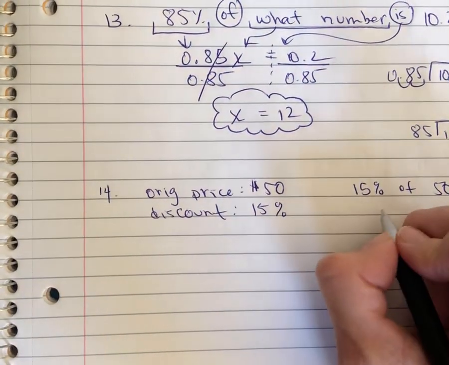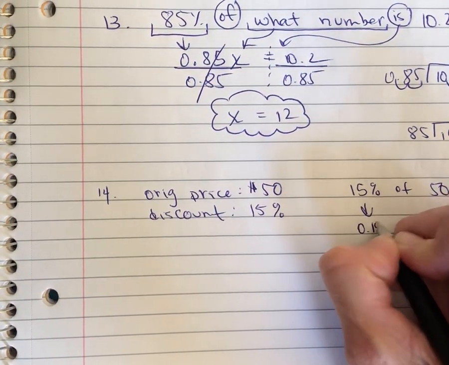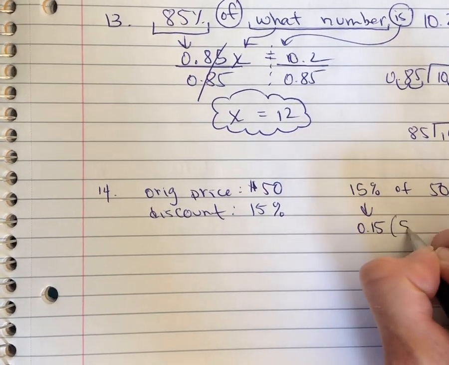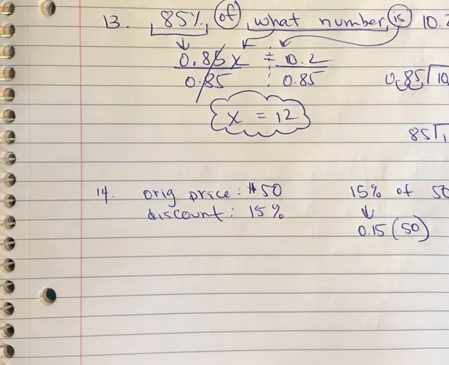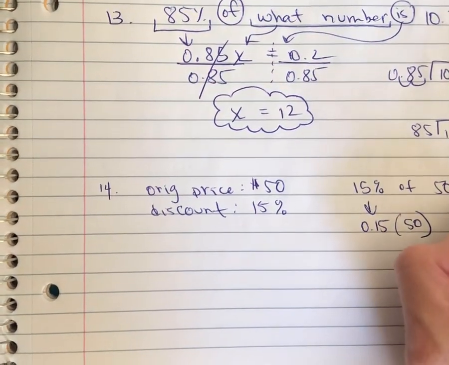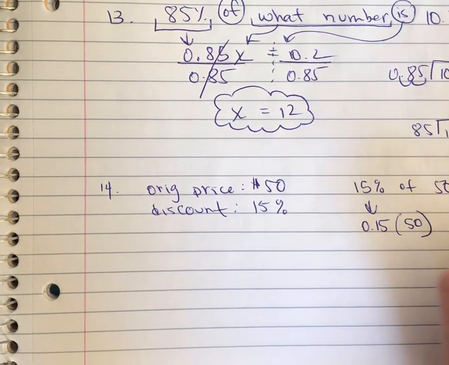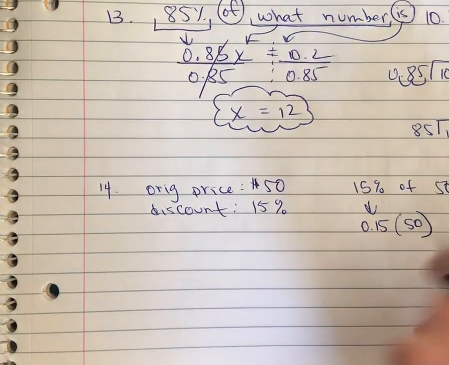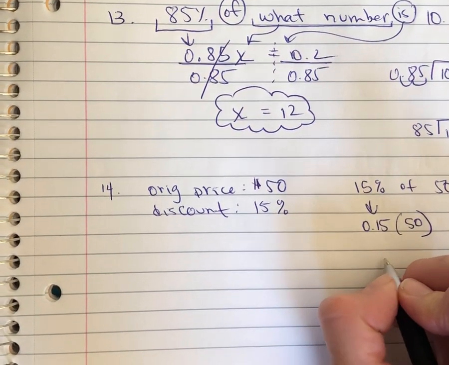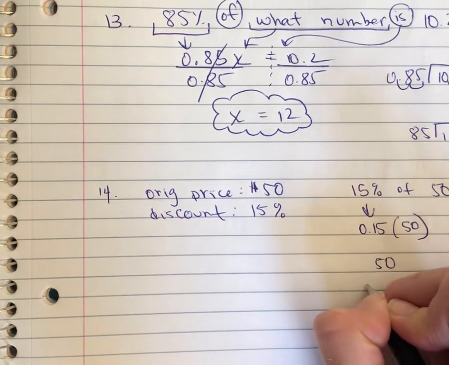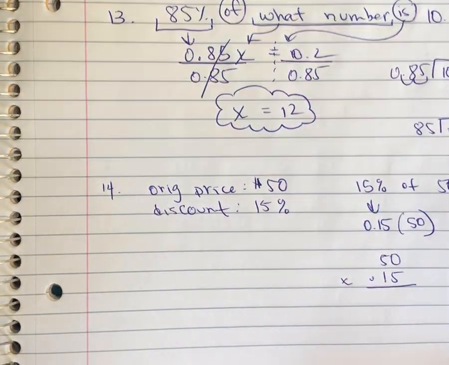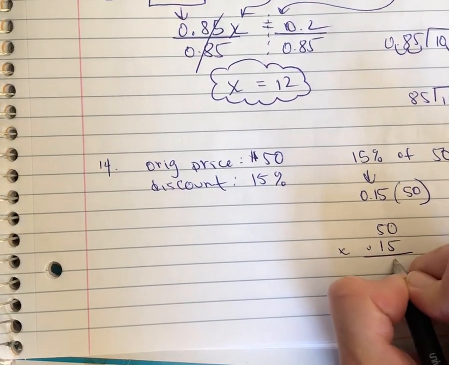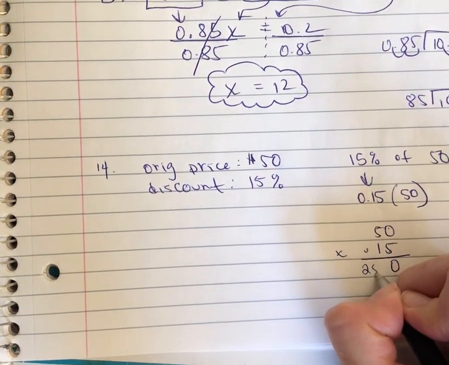So we want to figure out, well, what is 15% of 50, okay? So let's calculate it. 15% times 50. Should we work that out together? I suppose. Okay, so we have to multiply these two together. 50 times 15%. 5 times 0 is 0. 5 times 5 is 25.